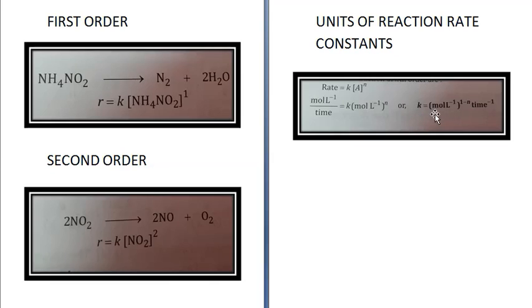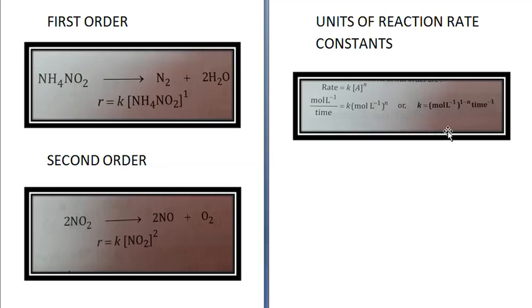Alright, for first order reaction, 1 minus 1 becomes 0. Anything to the power 0 is 1. So for first order reaction, the unit of rate constant is just time to the power minus 1. For second order reaction, it will become 1 minus 2, that is minus 1. So K will be equal to liter per mole per time.